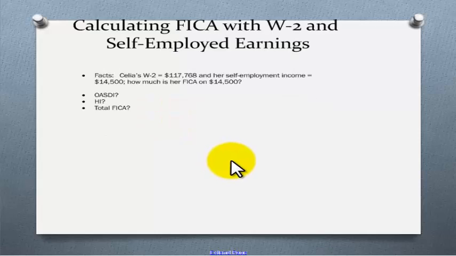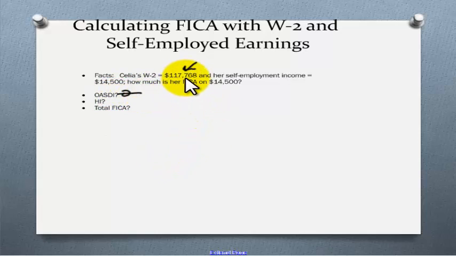So let's look at an example where we have W-2 and self-employment earnings. Okay, so here we've got Celia. Her W-2 is for $117,768, and then she also has self-employment income of $14,500. How much is her FICA on her self-employment income of $14,500? Well, here, she's already met the OASDI cap, right? So we don't have to pay any OASDI on her self-employment income because she's already met that with her W-2 income.